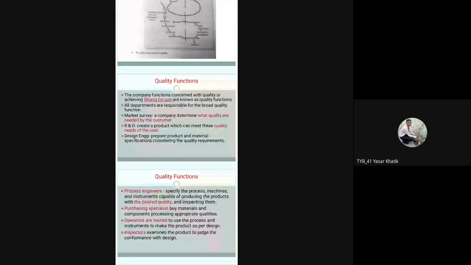We are going to make a good quality product, so at the time of making any product we have to use quality materials and quality parts during assembly and manufacturing. That is a very important point as far as design and quality are concerned.